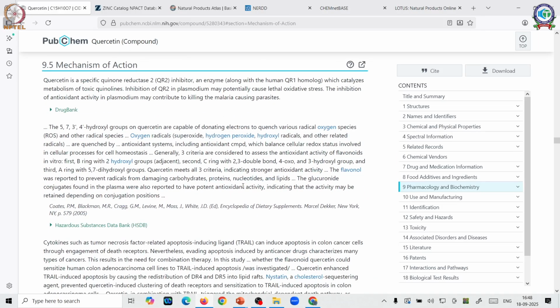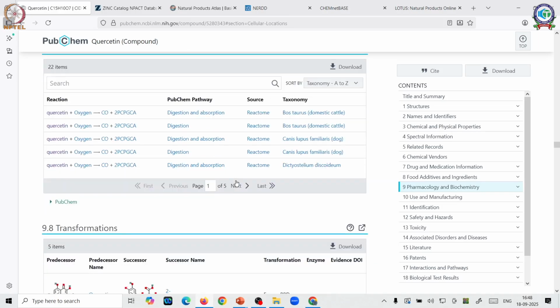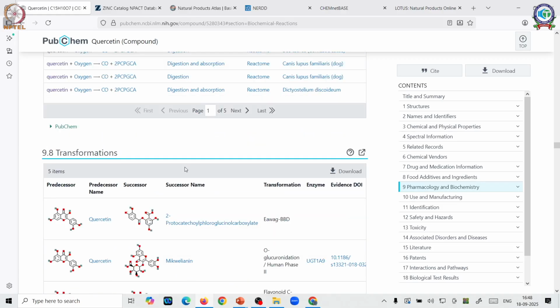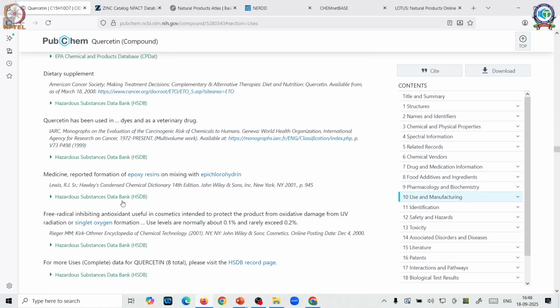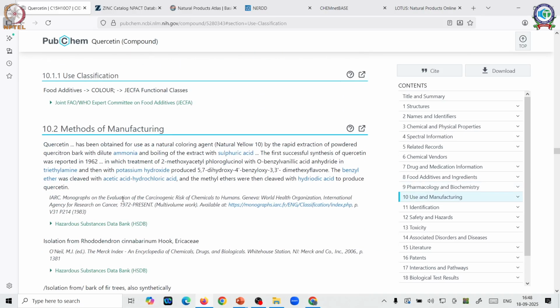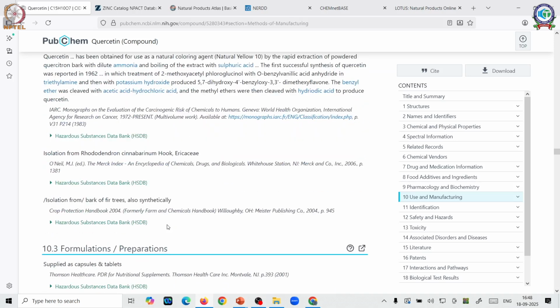The biological half-life, what is the mechanism of action, the biochemical reactions of that, transformations, uses, mostly antioxidant is what it's used for, methods of manufacturing. So if you're thinking of synthetically producing it rather than taking it from plants, this kind of server gives you that as well.